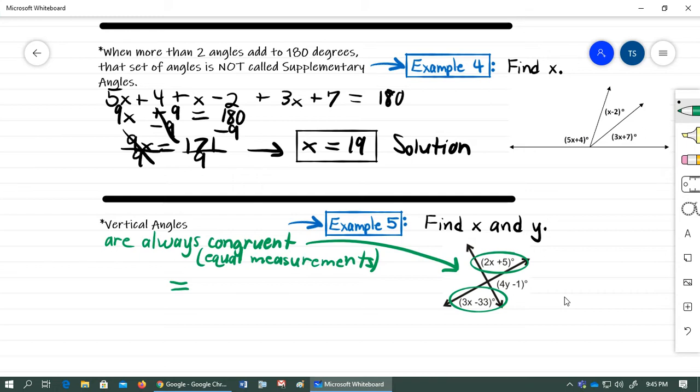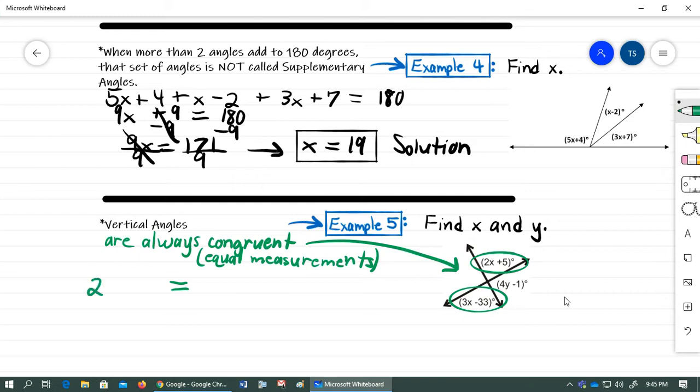Vertical angles are not complementary, they don't add to 90. Vertical angles are not supplementary, they don't add to 180 degrees. The measurements of vertical angles are equal to each other, so please make sure you set them equal. Did you notice how much emphasis I put on that? Thank you.